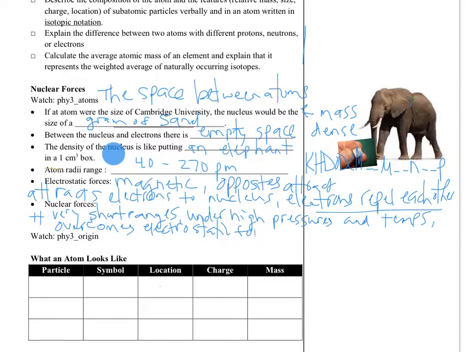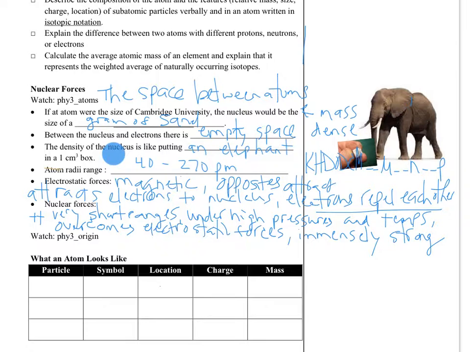And those nuclear forces are attractive. So it attracts protons to protons and neutrons to protons. And they're very, very strong. They're immensely strong, and that's how you get this intense density of the nucleus in the atom.